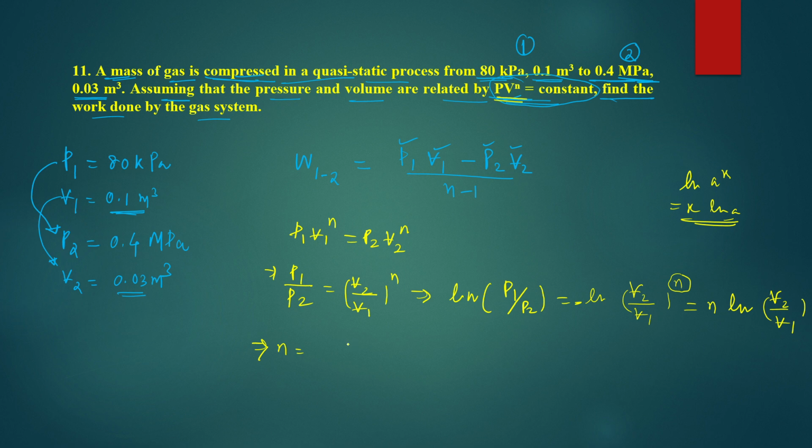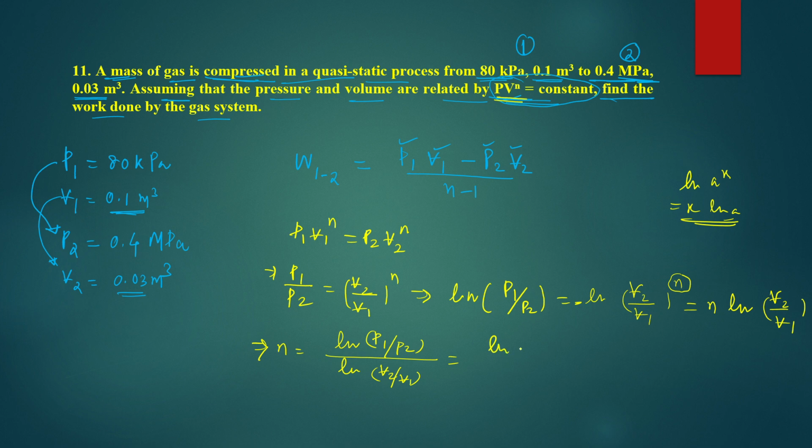So n will be equal to ln P1 by P2 divided by ln V2 by V1, right? Now simply we have to put the values of pressure and volume in this equation, and we can find out the value of n, right?